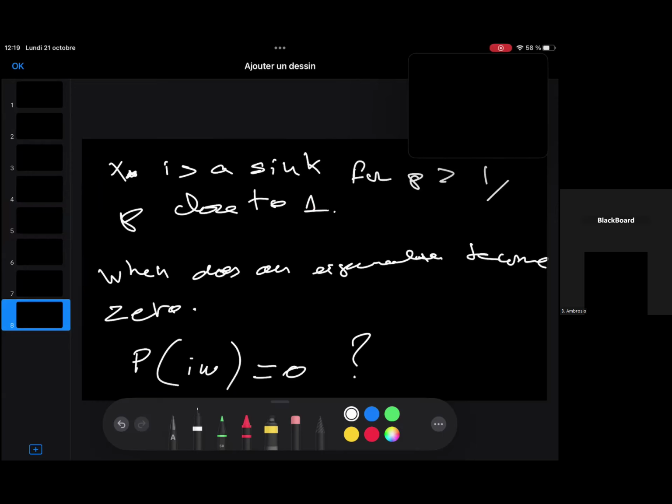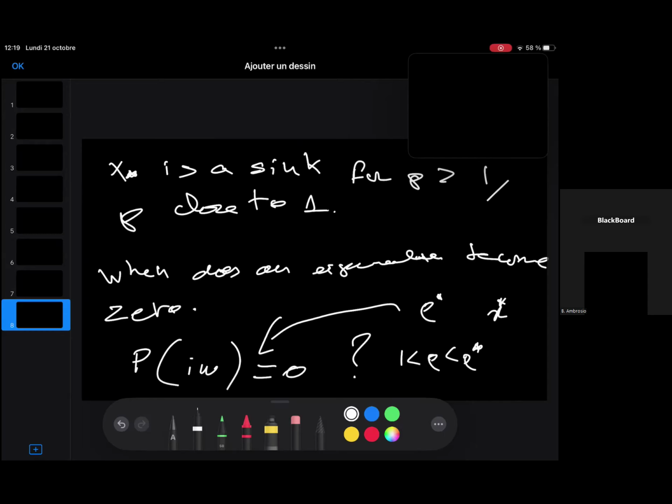And if we ask that to be the first, the smaller rho, when this happens, then if we get some rho like that, we'll know that for 1 less than rho less than rho star, x star will remain a sink.